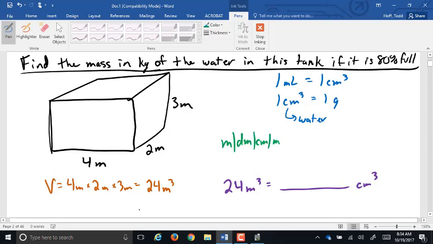To get from meters to centimeters on the chart, our decimal point has to go 2 spots to the right. Now, since this is cubed, our decimal point has to go how many spots? 6. So it starts there. We're going to have to fill in zeros. 1, 2, 3, 4, 5, 6. That's 24 million centimeters cubed.